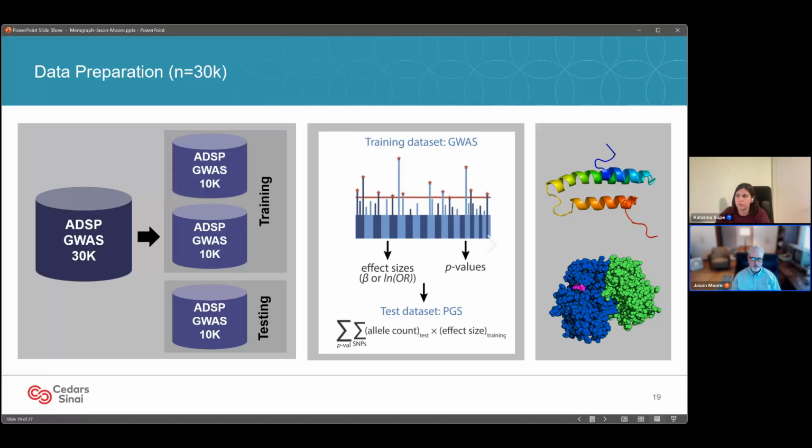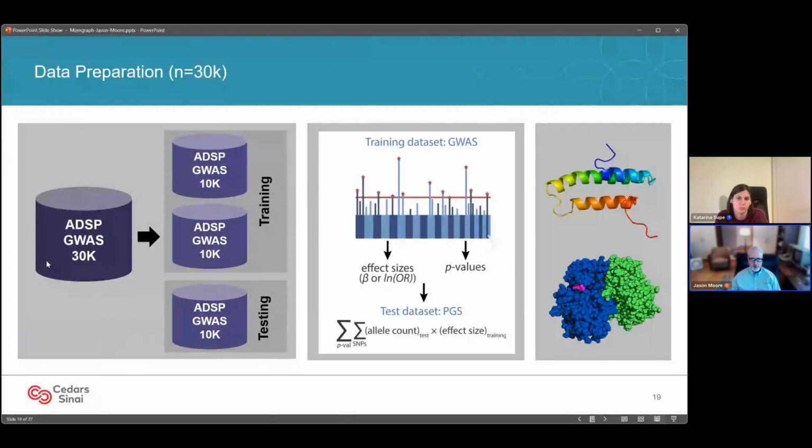So let me just step you through some cutting edge results that are not published yet, so please consider this a work in progress. We have access to a very large data set for about 30,000 human subjects from what's called the Alzheimer's Disease Sequencing Project, which is an NIH-funded large-scale project of collecting data on Alzheimer's disease here in the United States.